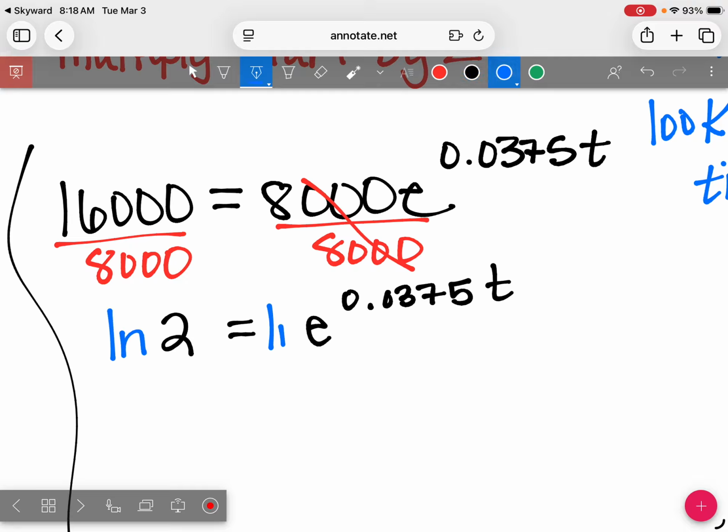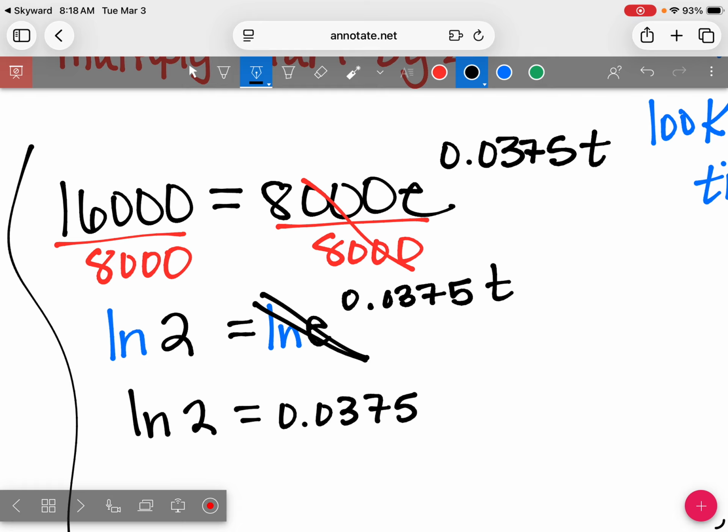So I'm going to put in natural log on both sides. And what that will do is cancel out this. So what I'll end up with now is natural log of 2 equals 0.0375 times t.